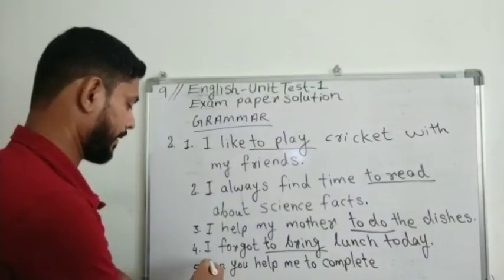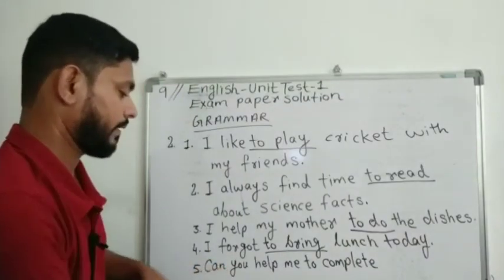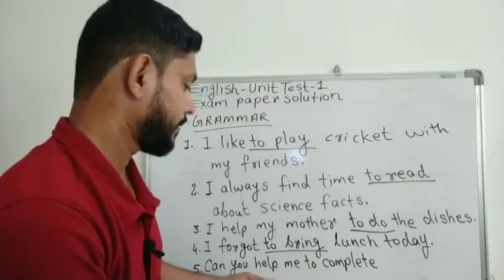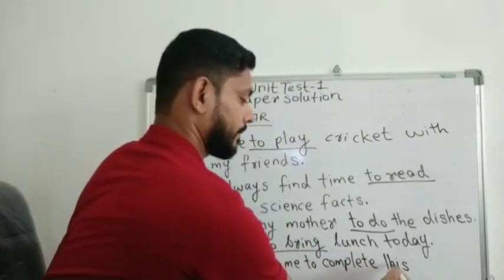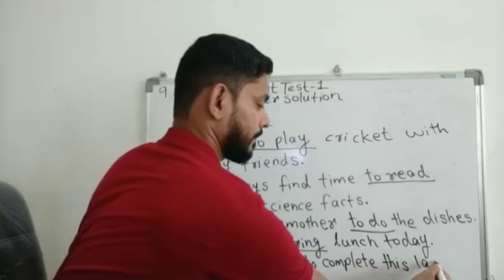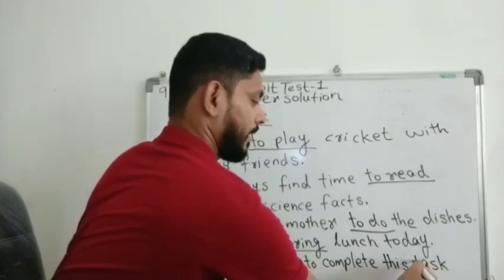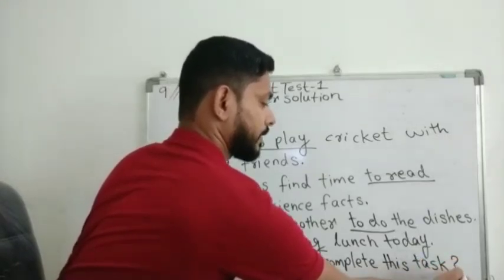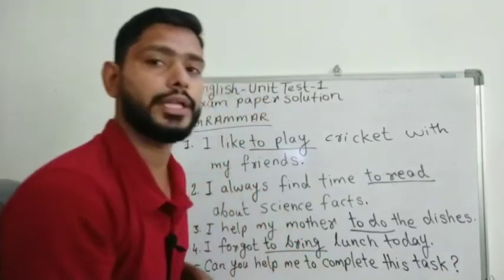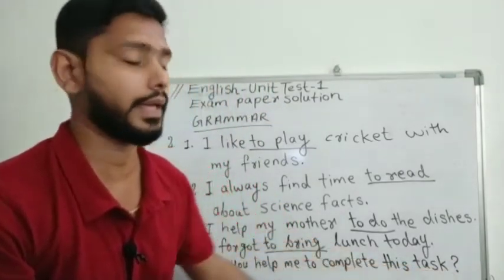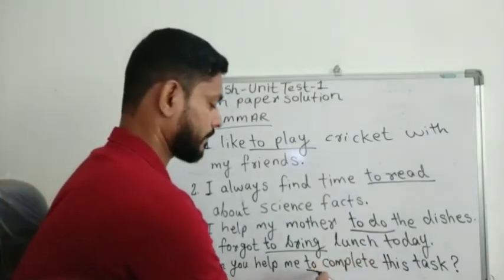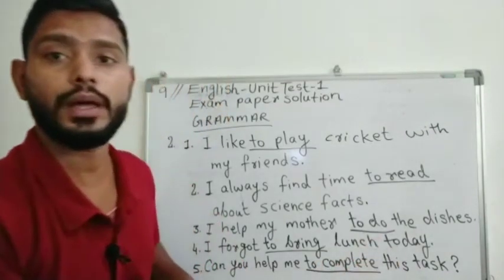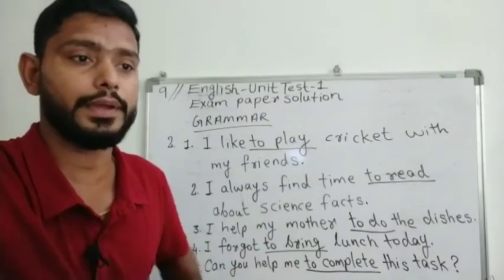Can you help me to complete this task? This is a question sentence, an interrogative sentence that ends with a question mark. Can you help me to complete this task? To complete is an infinitive verb.